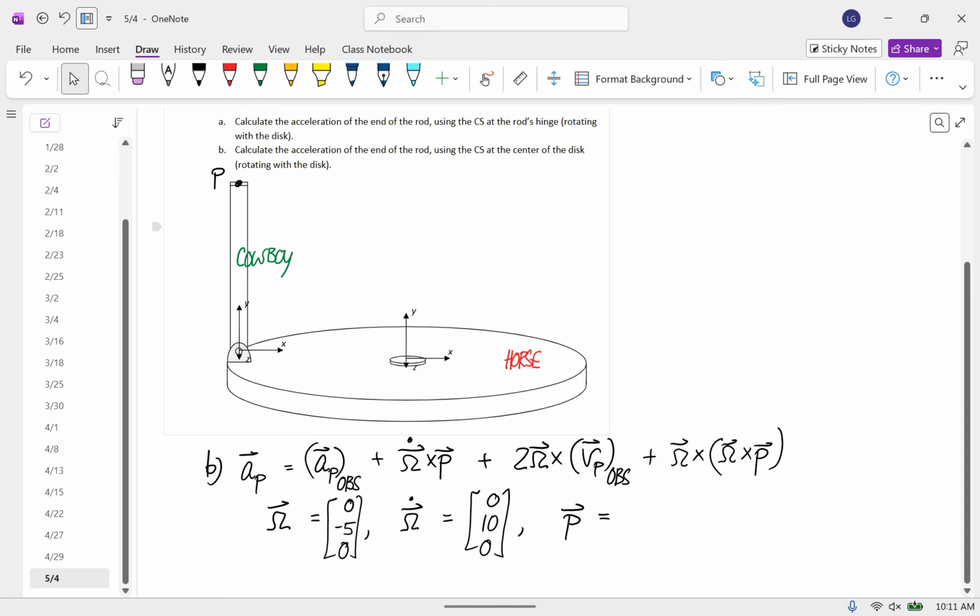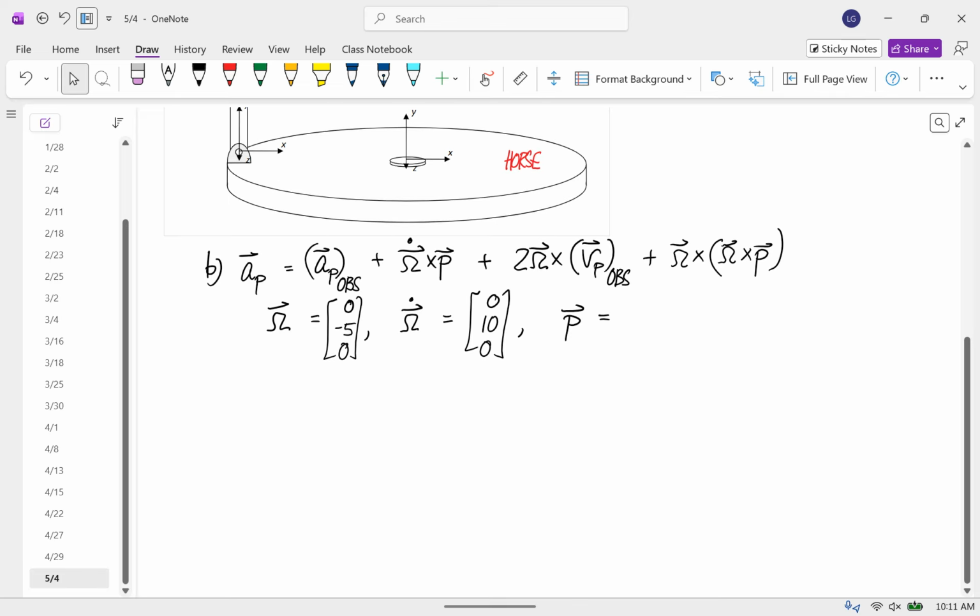So from the origin to P, we have to go 1.5 in the negative x direction to get to the hinge, and then 1.3 in the positive y direction to get to P. So this is -1.5, +1.3, 0. Anybody have any questions about that?